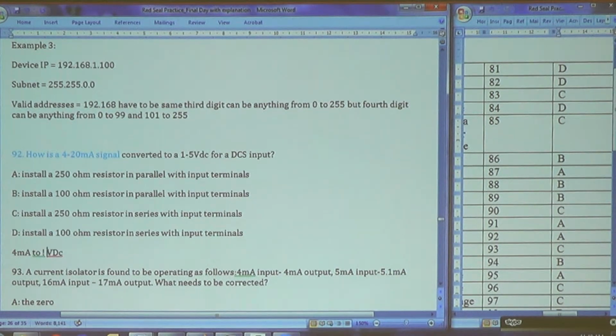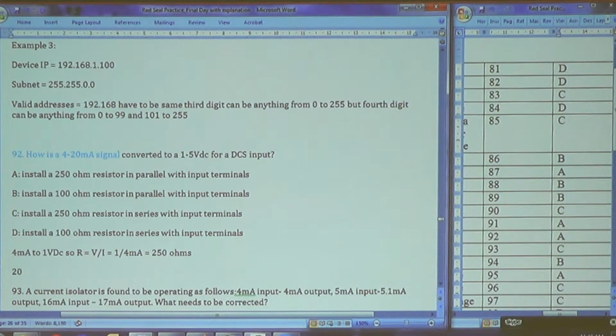we convert it using the formula, again Ohm's law. What Ohm's law says, V is equal to IR, we know the current, so R is equal to V divided by I is equal to 1 divided by 4 milliampere, which is equal to 250 ohms.